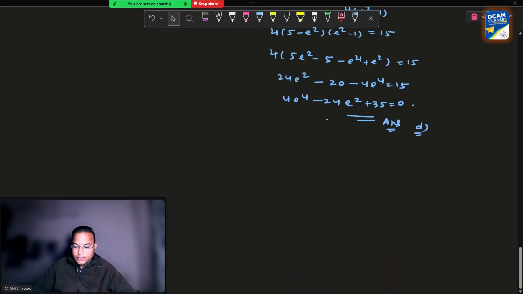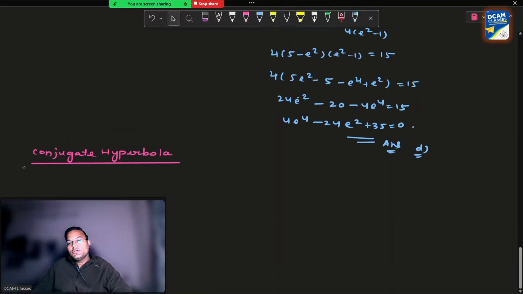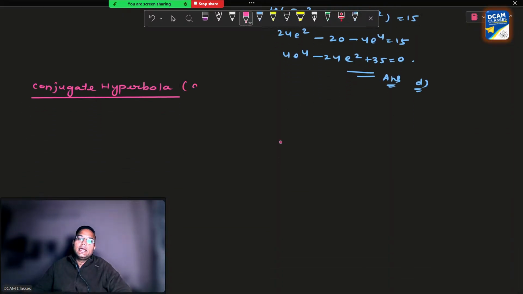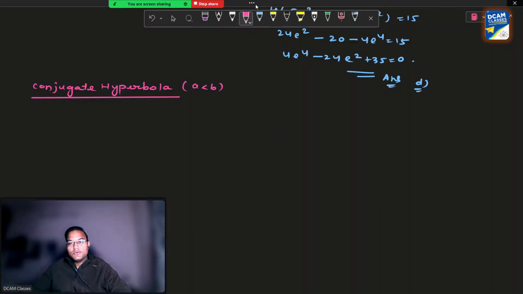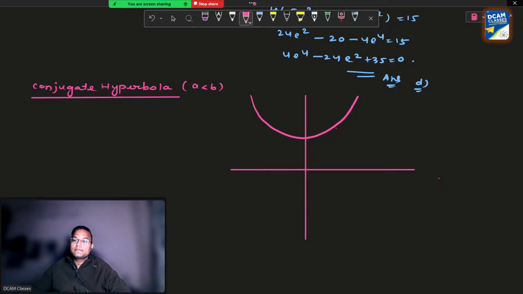Acha, now let me tell you about the conjugate hyperbola. See, the difference is a is less than b. But you won't be able to see much difference here because the minor axis does not matter now. The only thing is here the hyperbola will become like this.